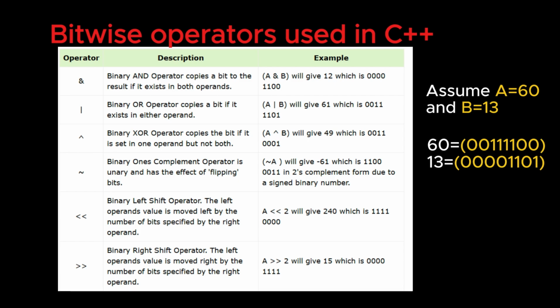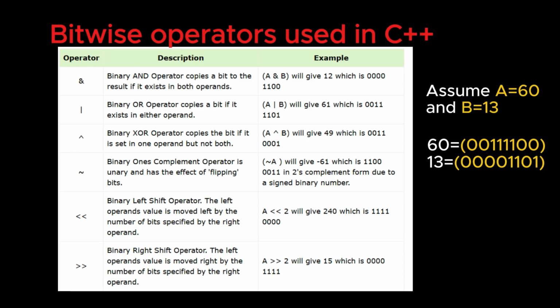It copies the bit if it exists in either operand. For example, A or B will give us 61, which is equal to 0011 1101 in binary form.